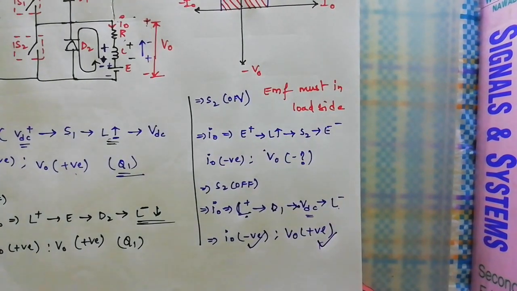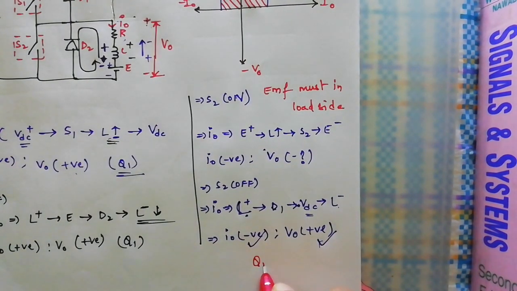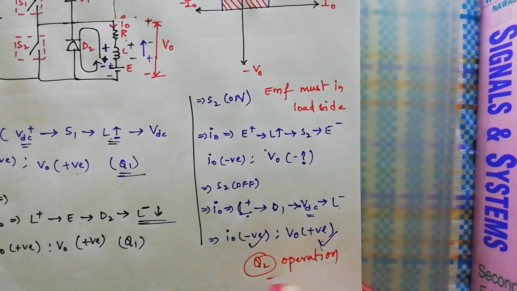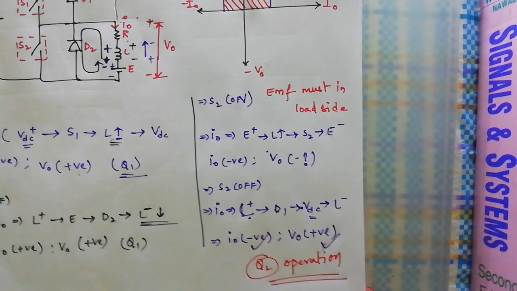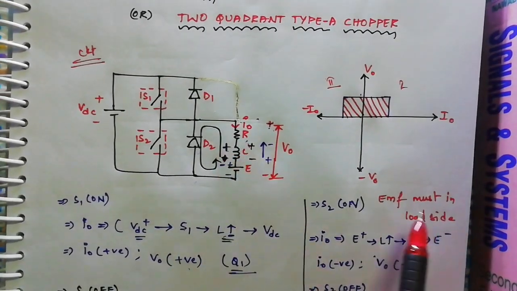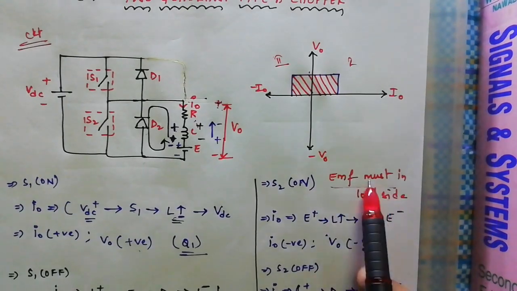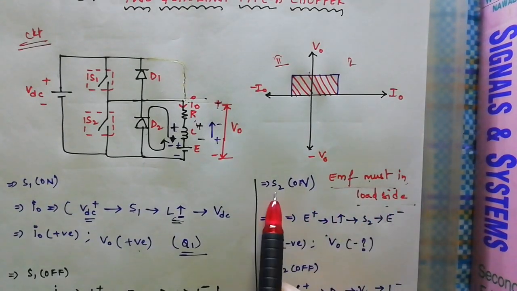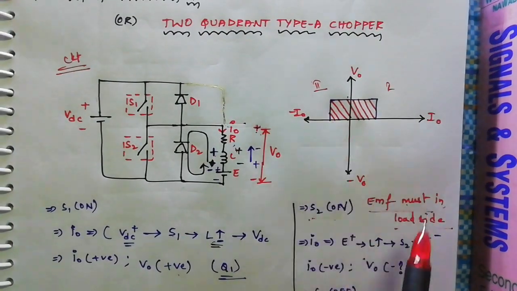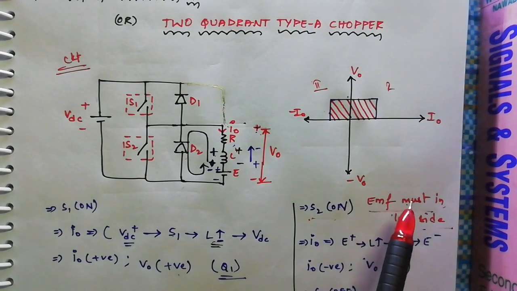This is how you get the quadrant 2 operation. Hope you are clear. Just focus on the charging and discharging of the inductor, and one important condition: EMF must be present on the load side when you turn on chopper 2. To get second quadrant operation, this must happen in the circuit.